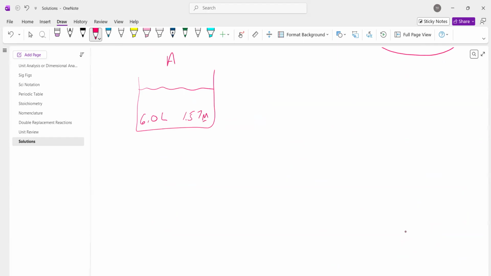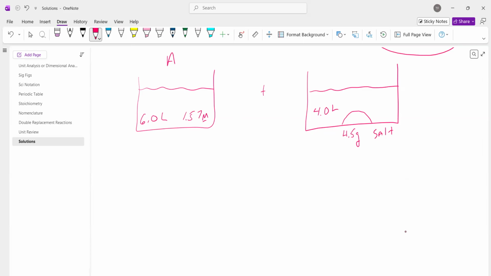Okay, so solution A is 6 liters, 1.57 moles per liter. And solution B is we added... okay.